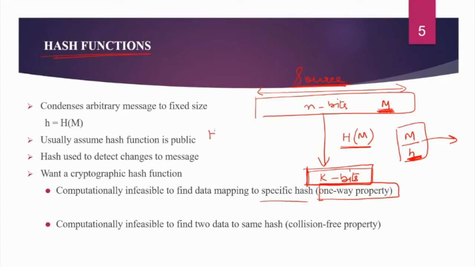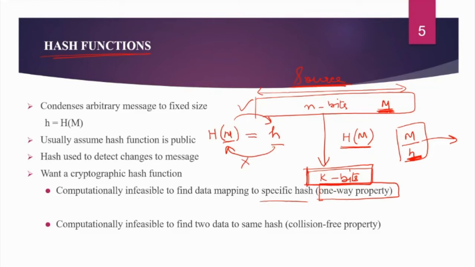If you have the message and you know the hash function, it is very easy to compute the hash value. But if somebody gives us this hash value, it is computationally infeasible to get back to the message. So one way is very easy, but the reverse is very hard. This is the one-way property.